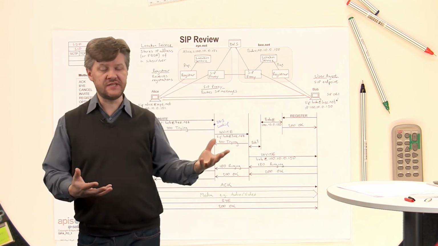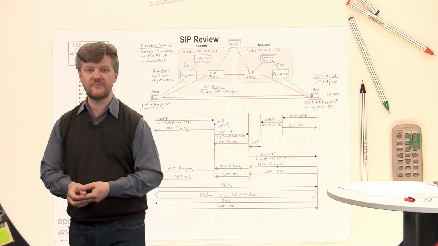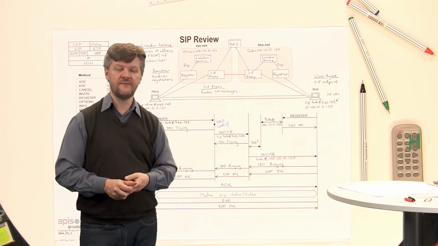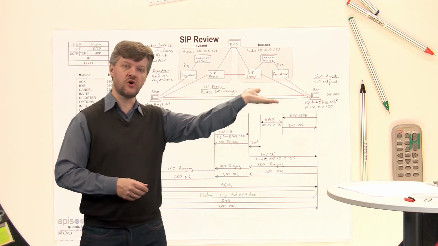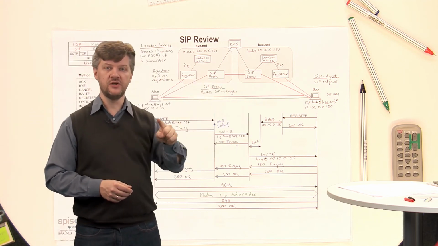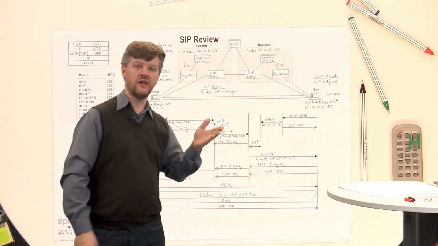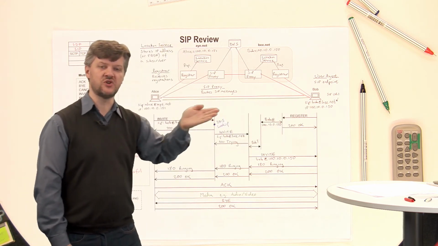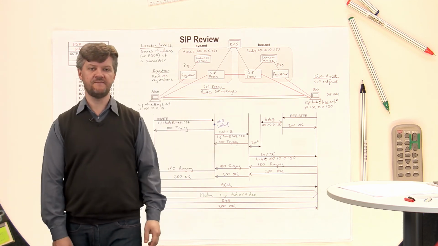It's used in books and in the specification. They say if you know the SIP trapezoid, you understand SIP. By that they mean you use the top part of the trapezoid to find Bob. You go through a local proxy, a remote proxy, and then Bob, while you're using the base of the trapezoid to continue the communication, both signaling and media.